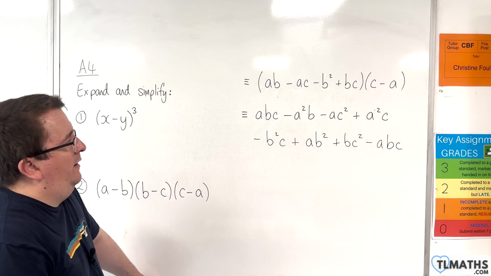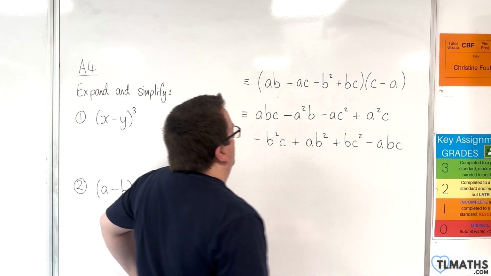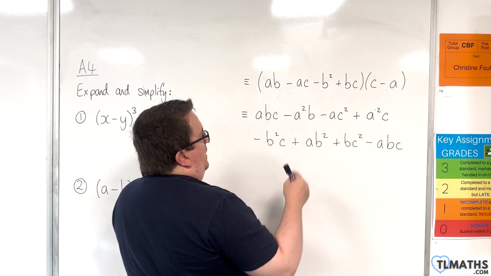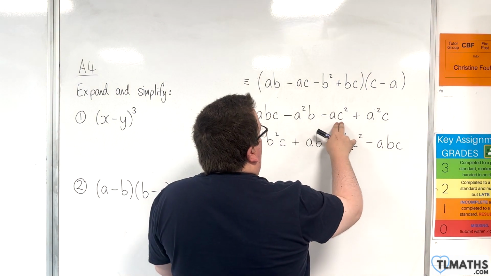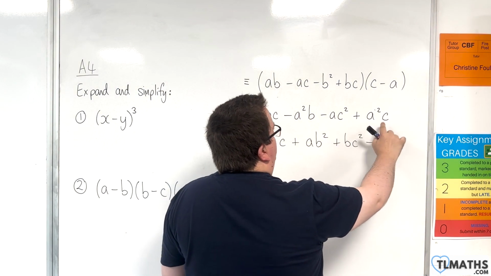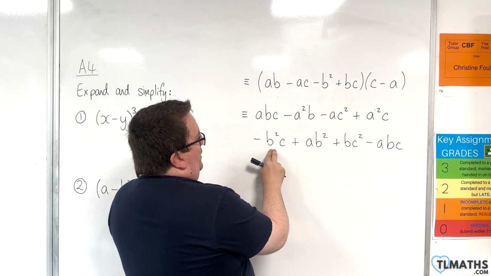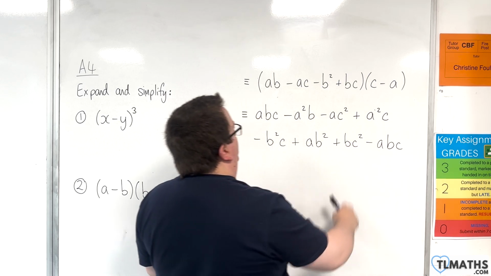Now, collecting like terms. What have we got? Well, we've got a squared b there, but there's no other a squared b's, so that's by itself. ac squared, that's by itself. a squared c, that's by itself. That's by itself, that's by itself, and that's by itself.